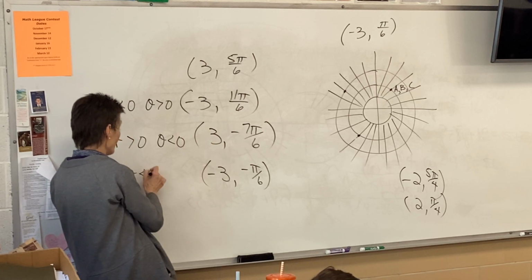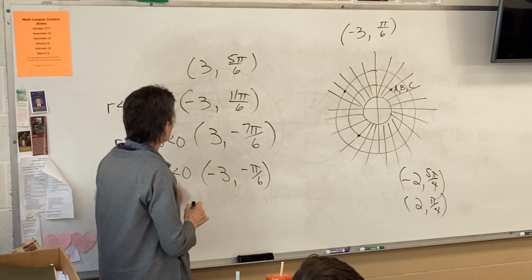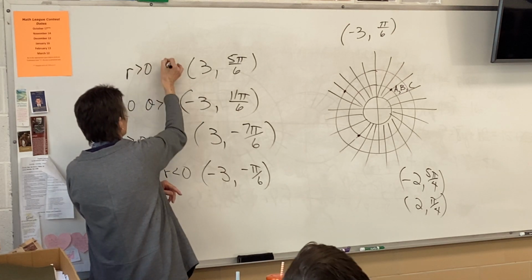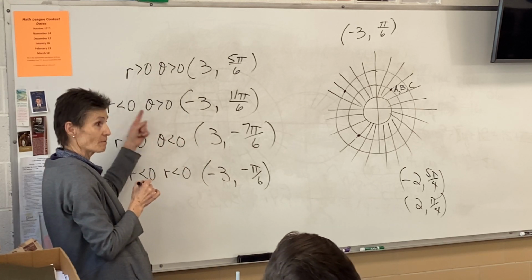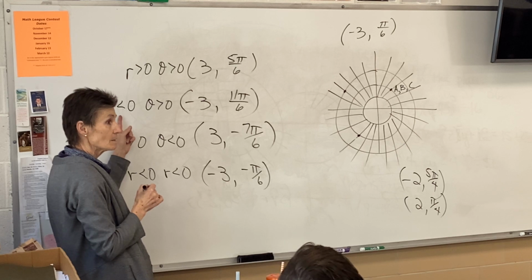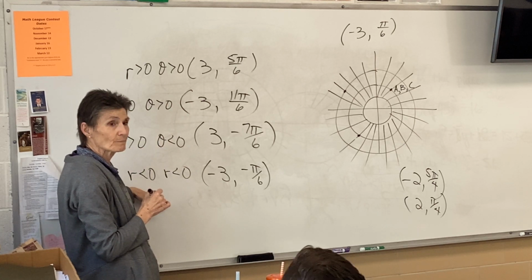And this one would be both of them less than 0. And the original point was both of them greater than 0. So I will specify, and you'll have to find the point that matches whatever the directions are that I provided.